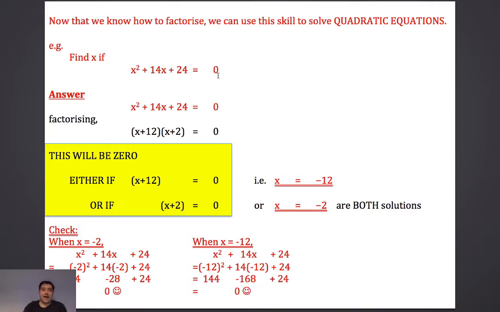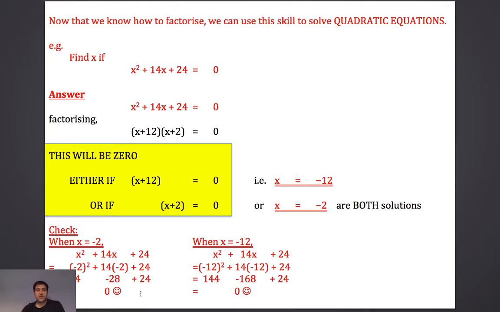And the good thing about algebra, of course, is that you can go back and check things. So I can take both of these numbers and stick them back in there and see that I do indeed get 0. So in fact I did that. When x equals minus 2, x squared plus 14x plus 24 becomes minus 2 squared plus 14 times minus 2 plus 24, which is 4 minus 28 plus 24, which is 0.